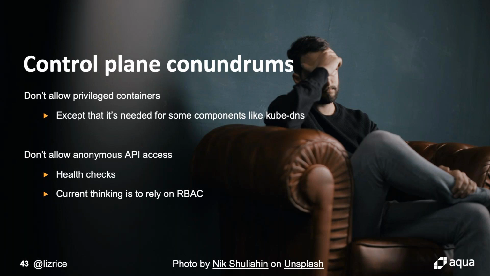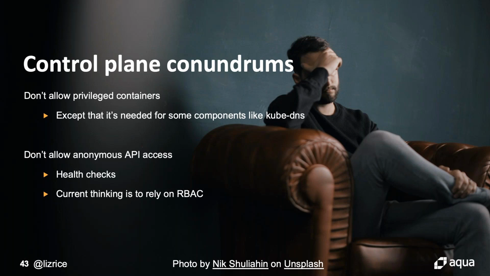And the recommendation from many other experts in the Kubernetes community is that so long as you're using RBAC, role-based access control, and so long as you use RBAC to lock down what that anonymous access is allowed to do, and you keep that very tightly restricted to things like health checks and maybe metrics, then it's okay to allow anonymous API access.